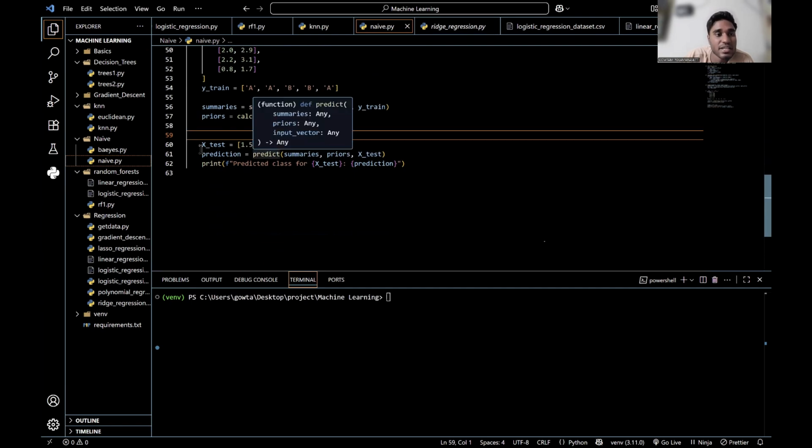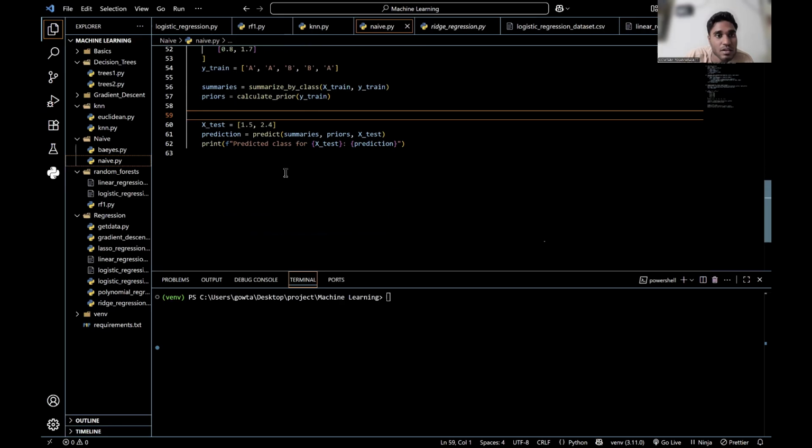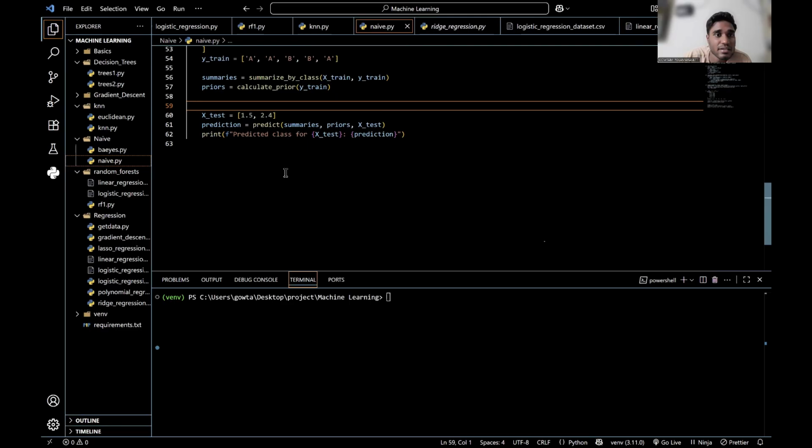Then we initialize the test variable. Then we use the predict function, which takes in the summaries data, the priors data, and the X-test data, and gives the predicted label. At the end, we get the predicted output from the predict function.